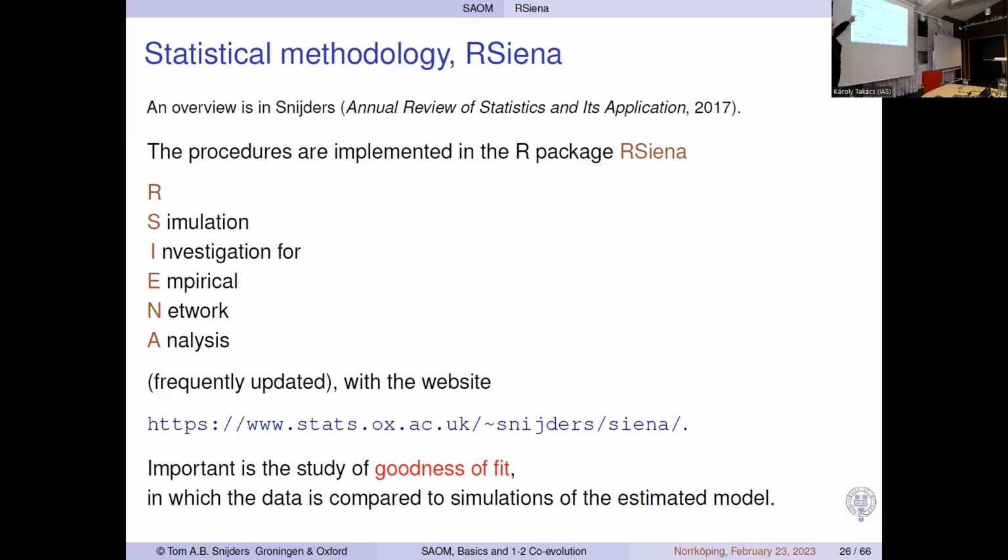And when I coined the name Siena, later on I was very happy for that, because it's a brand name and people remember brand names, and they will often call this the Siena model, whereas really the proper name of the model is SAOM, which you cannot pronounce. Okay, this is the overview.